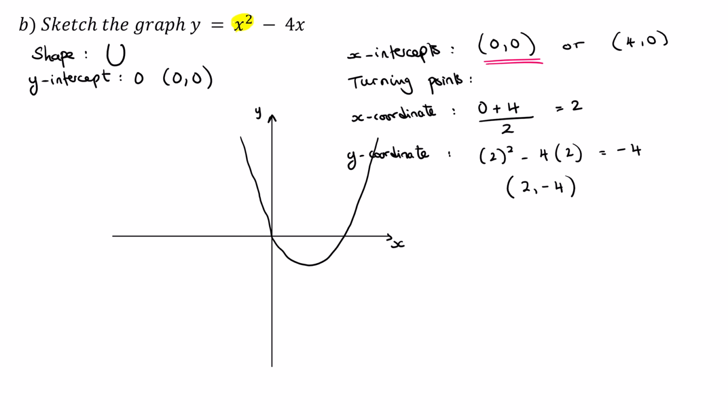There we are. So that's 0, that's 4, and that is going to be 2, negative 4. So that's our graph.